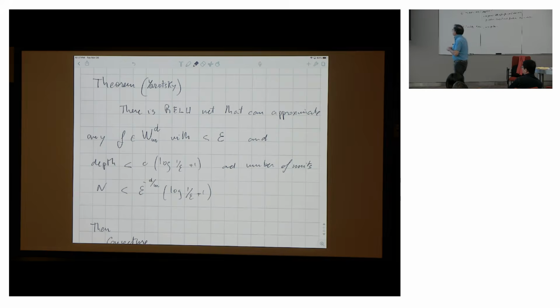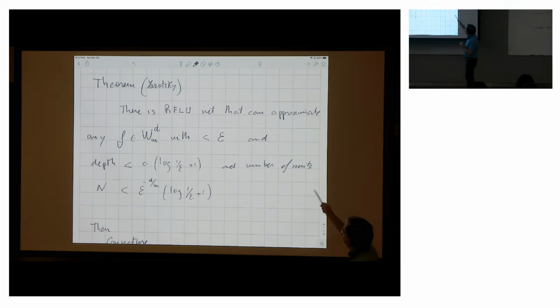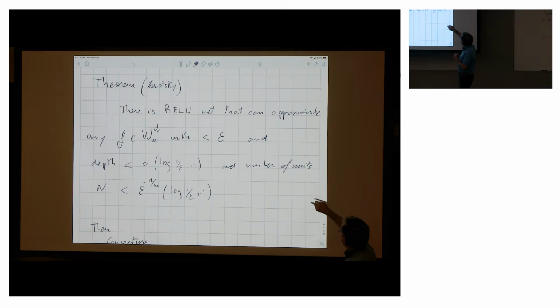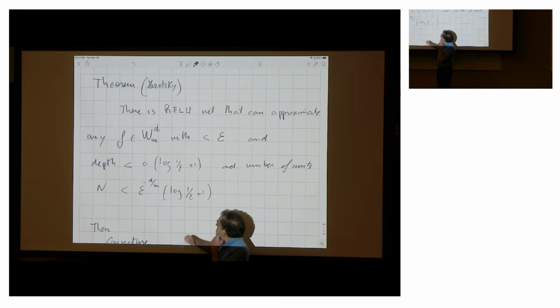And so there begin to be some results in the literature, and there is a theorem that says that you can build a ReLU network that can approximate any function in the usual Sobolev space within epsilon, and with a depth that has this structure. So this is the usual curse of dimensionality, and then it has this depth.